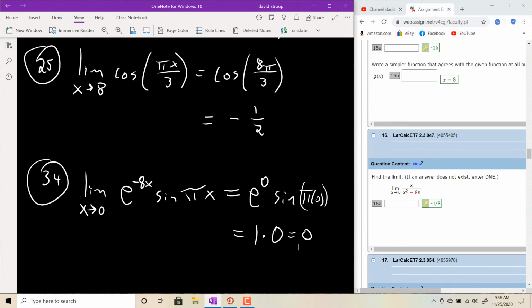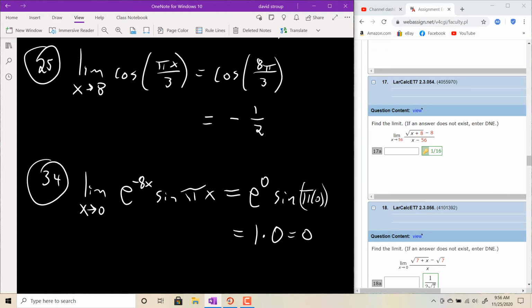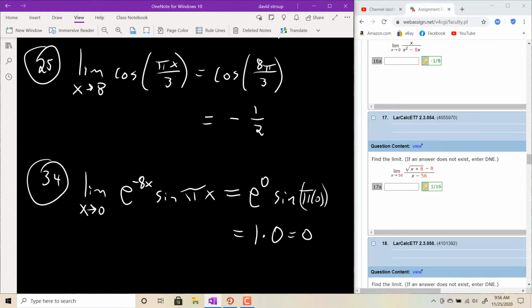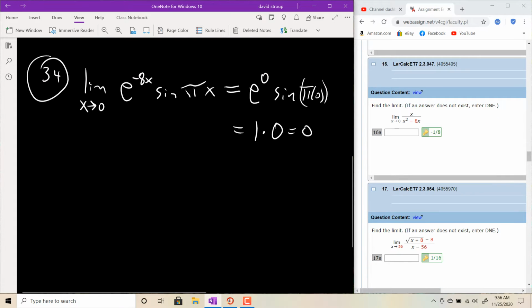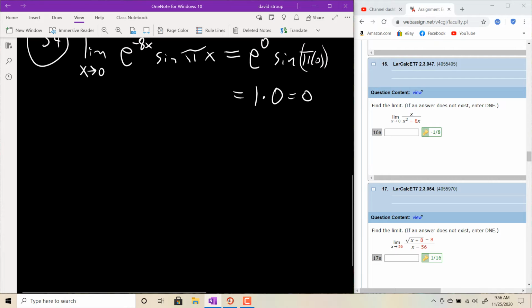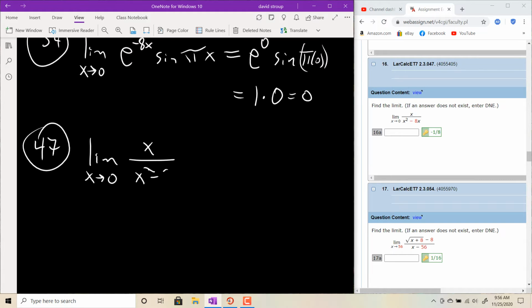The harder ones were kind of like these, where maybe you had a removable discontinuity to deal with. So let's look at number 47. We have the limit as x goes to 0 of x all over x squared minus 8x. If you do a substitution, you get one of those indeterminate forms, right? If you plug in 0 on the top, you get 0. Plug in 0 on the bottom, you get 0 minus 0, which is 0.